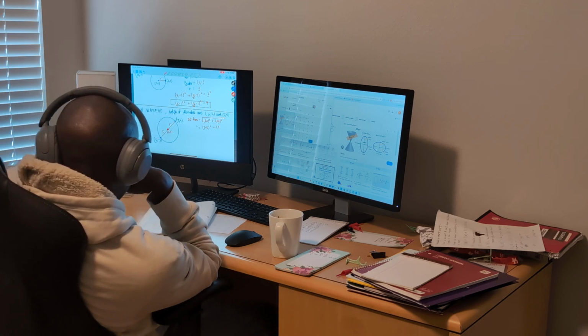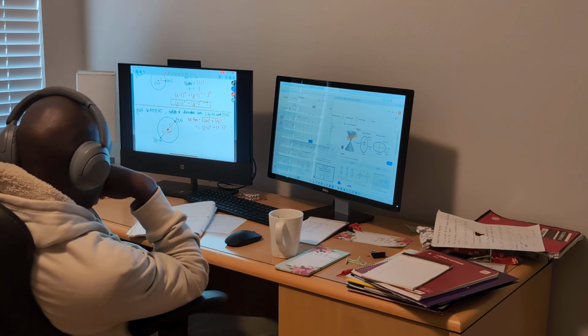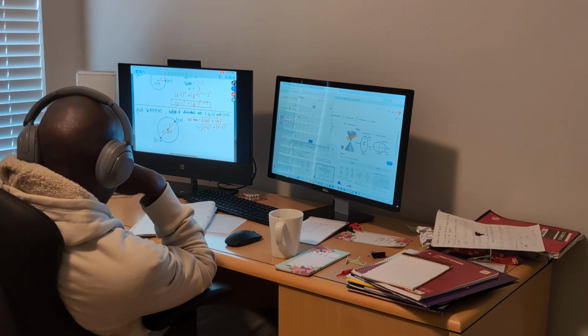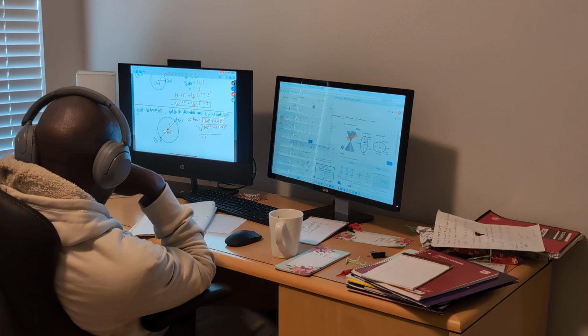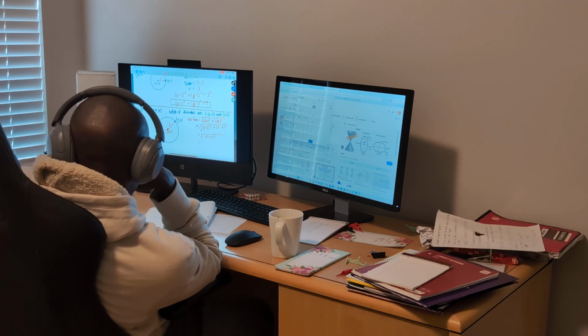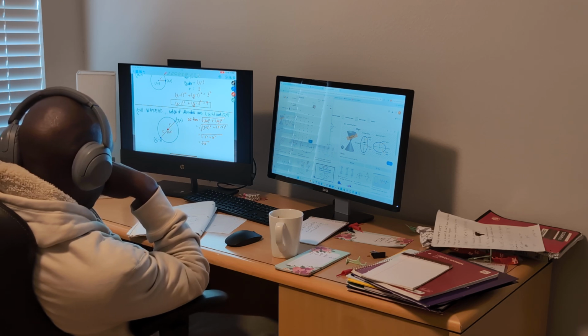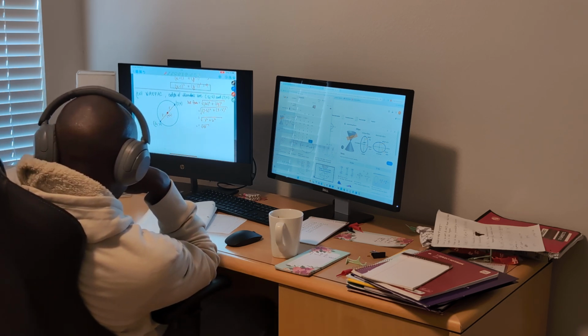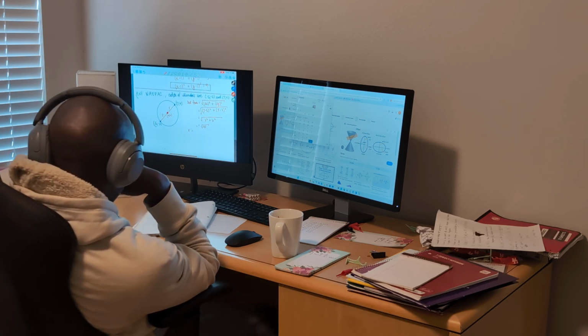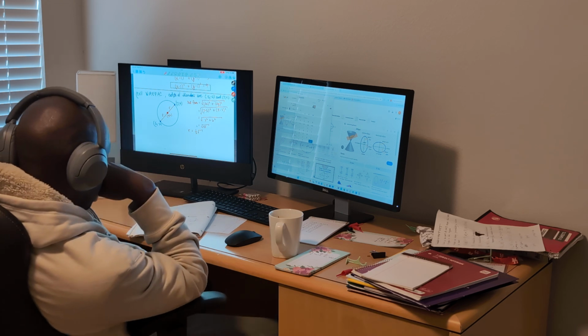The y's go from 4 to -2. So the distance would be the square root of 2 squared plus 6 squared. That's the square root of 40. Now the radius is half that distance.